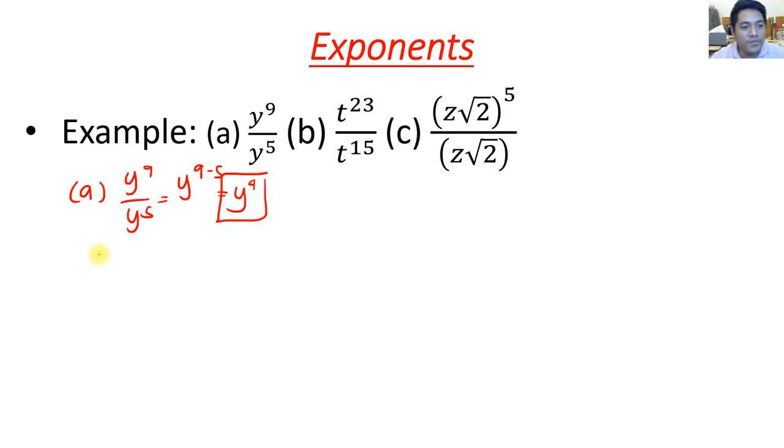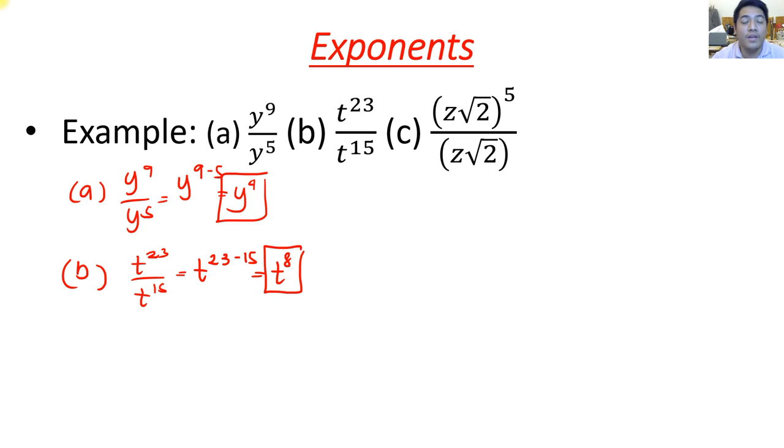Okay, so for letter B, we have t raised to 23 all over t raised to 15. Same base, divided. So you have t raised to 23 minus 15. So that you have what? t raised to 8. 23 minus 15 is 8.